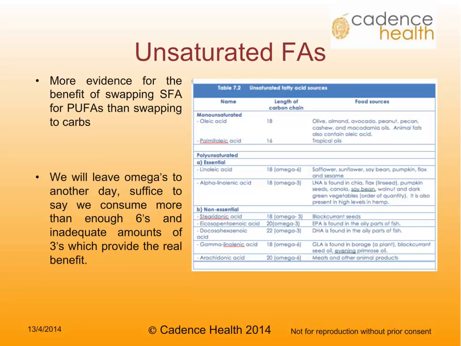So, even with healthful things like polyunsaturated and saturated fatty acids, there can be a downside. We tend to miss the omega-3 fatty acids more, not just the essential, but the non-essential one as well. So that's the EPA and the ALA, the two omega-3s that we tend to not get enough of.